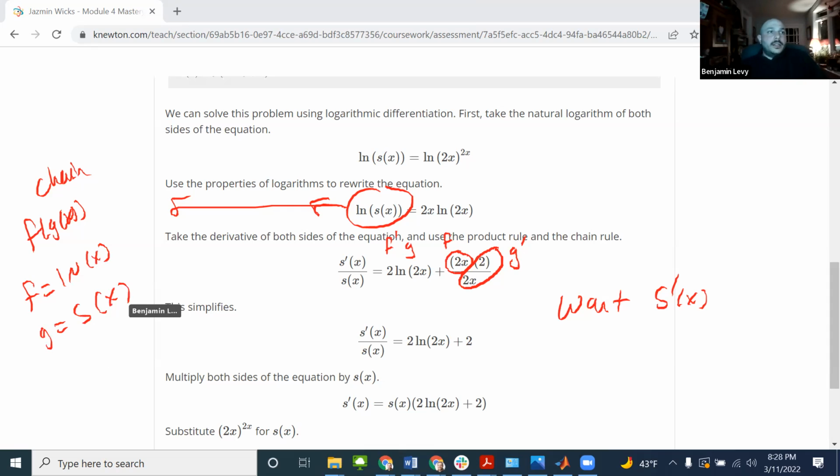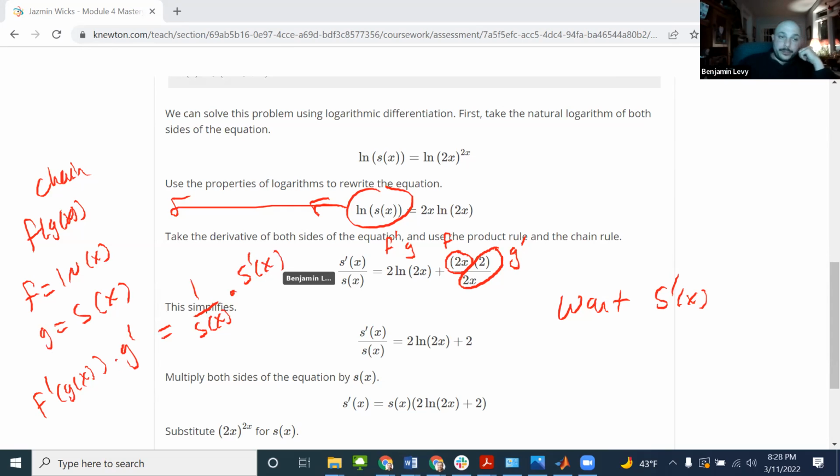There's an s inside the ln. And so when we do the derivative, we do f prime of g of x times g prime. So that ends up being 1 over s times s prime. So that's how they get this thing on the left right there.